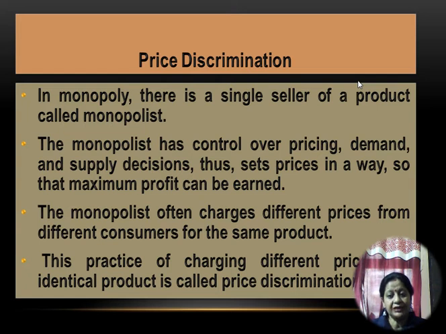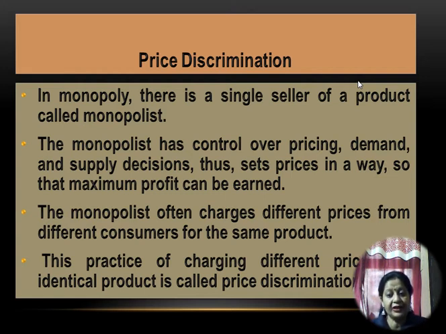So for one single commodity that he is selling in the market, he has charged different prices for the same commodity from different buyers. That situation is known as price discrimination. That means charging different prices from different customers or consumers for the same product.